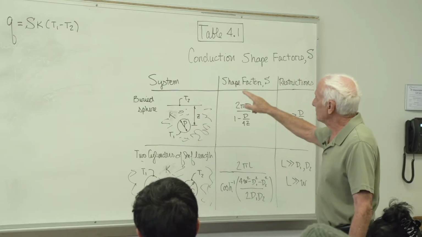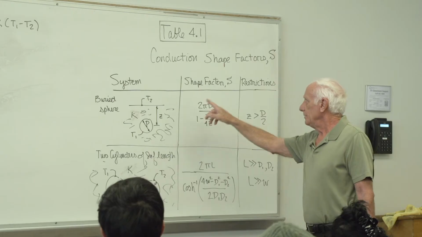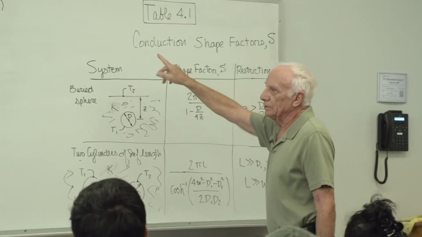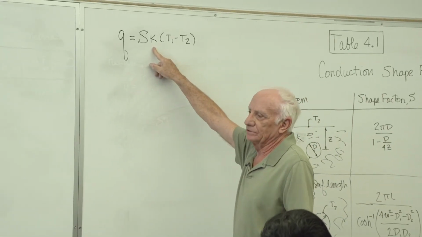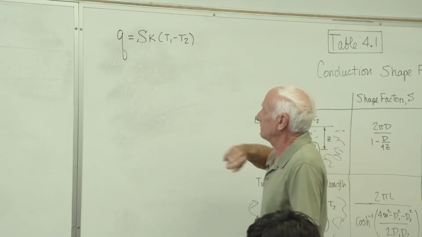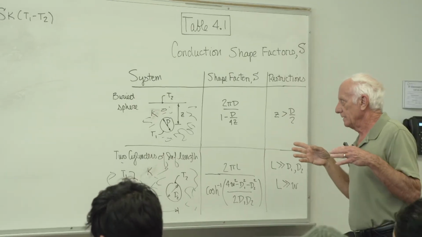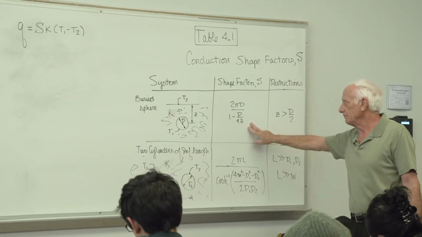You go to this table and get, for your geometry, your shape factor, capital S. You put it up here, multiply it by K of the material, soil, concrete, whatever it might be, times the temperature difference, and you've got Q. It's that simple and straightforward. All the work's been done in getting the shape factor from analysis.